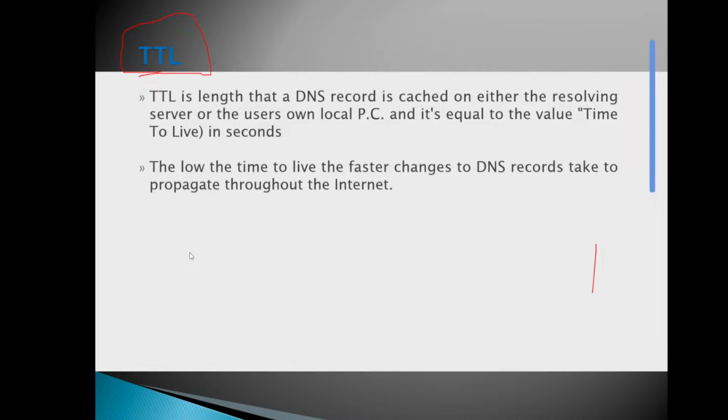So if your IP address is changing frequently, the TTL should be low. If you know that the IP address is not going to change, it is going to be constant, then you can have a long TTL.